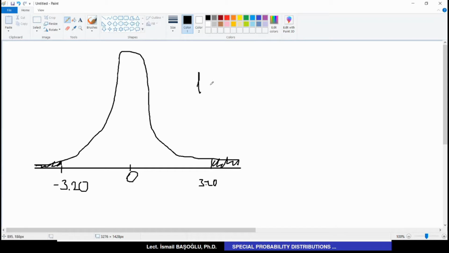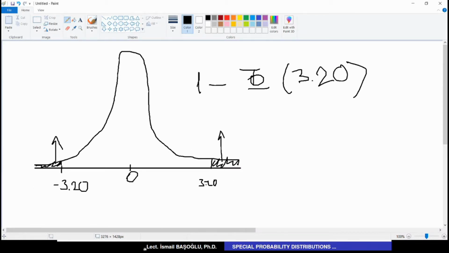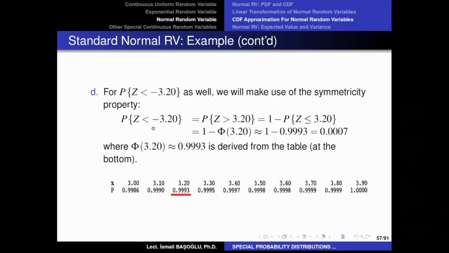And that is equal to 1 minus capital phi at 3.20. So I will subtract the total area on the left-hand side of 3.20 from 1 and find that area, which is going to be the same as that area because of the symmetricity. And for that, I am going to do this. Probability of Z being less than minus 3.20 will be equal to the probability of a standard normal random variable being greater than 3.20, which is the positive counterpart of the same value.